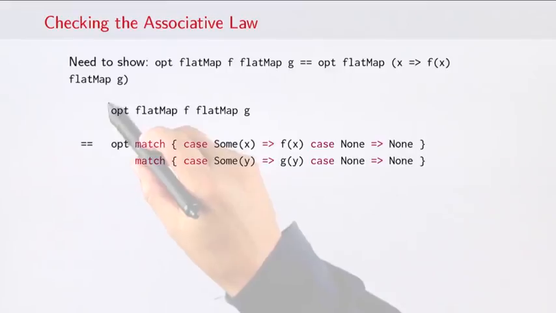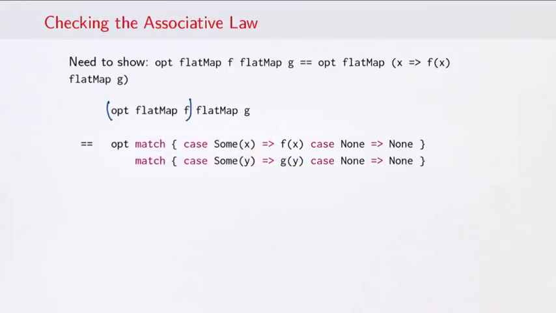And since the parentheses go to this, that's its expansion. That result has to be subjected to the second flatMap. So here we immediately follow the first pattern match with the second one, which now implements the flatMap call with g instead of f before. So that's the expansion of this expression.